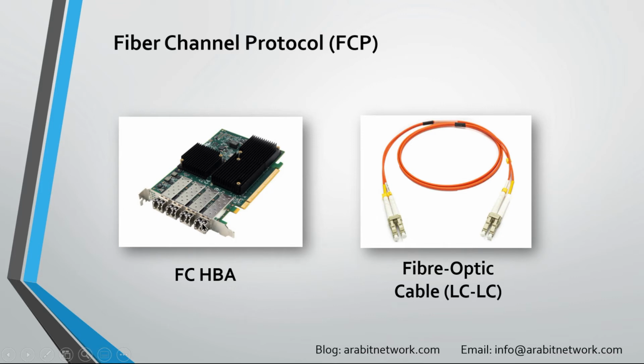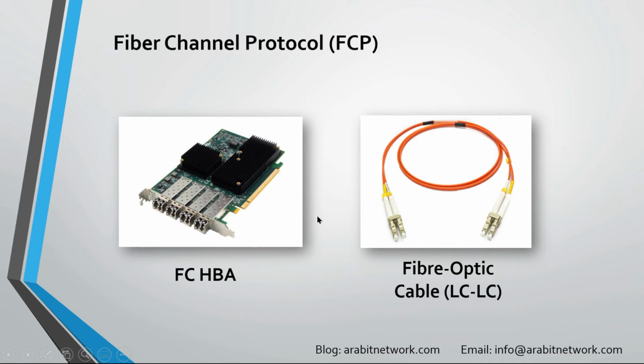And these modules, or transceivers, are called SFP or SFP plus, and they come in different speeds. We will learn about the speeds in another section of this course. These modules support plugging these connectors into them. This is a fiber channel cable, or a fiber optic cable. This cable could be used either for fiber channel storage traffic or also for Ethernet.